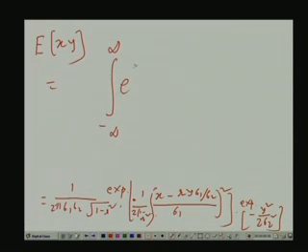E to the power... and from here I take out, I write 2 pi as square root 2 pi multiplied by again square root 2 pi.